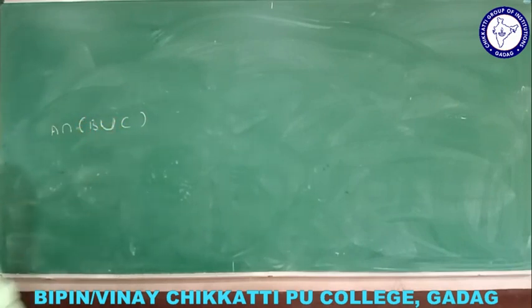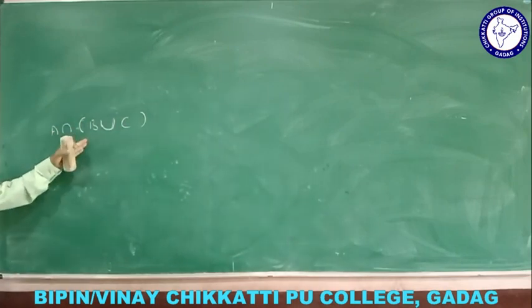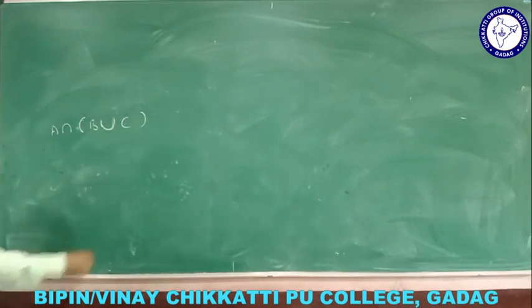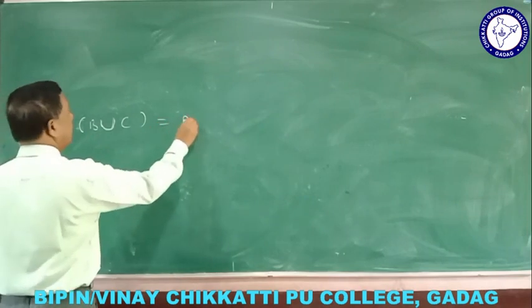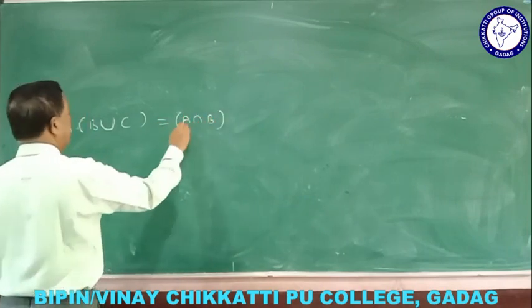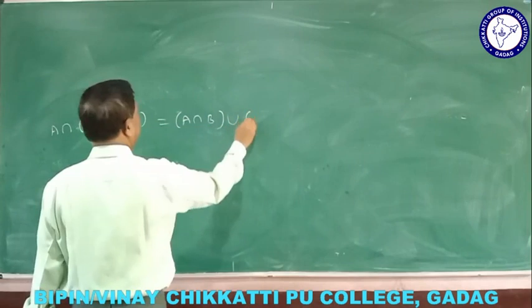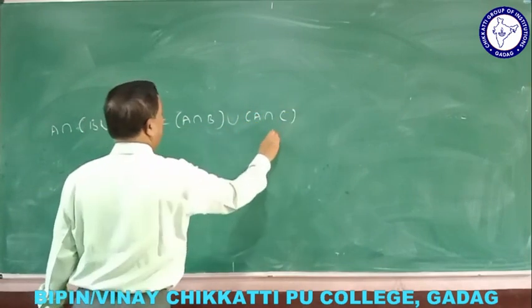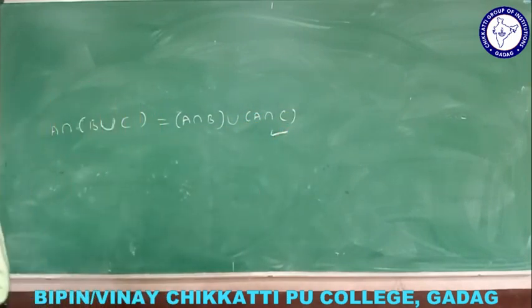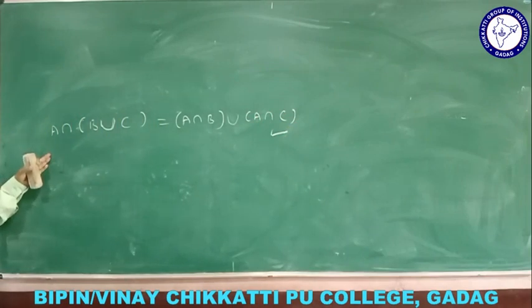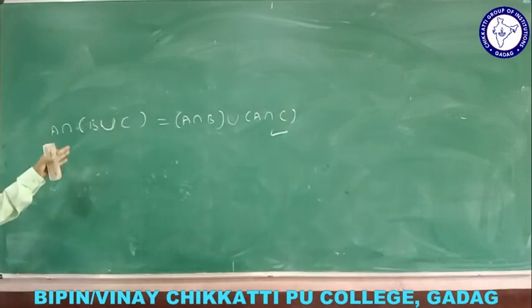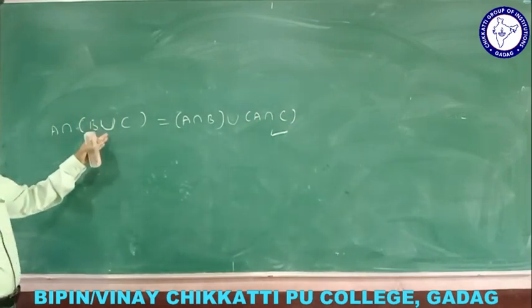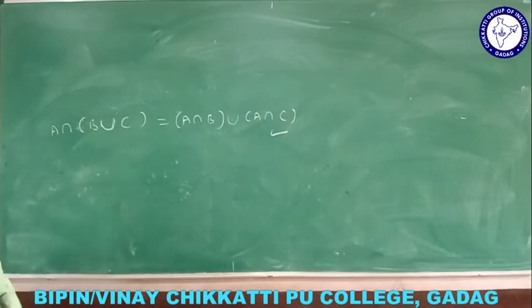A intersection of B union C, that intersection distributes over the union. So this is written as A intersection B, bracket complete, union A intersection C. What is this law called? Distributive law. Here the intersection distributes over the union, like the distributive property of multiplication.